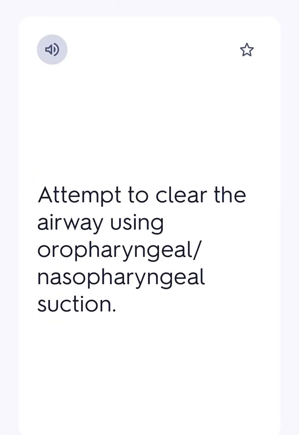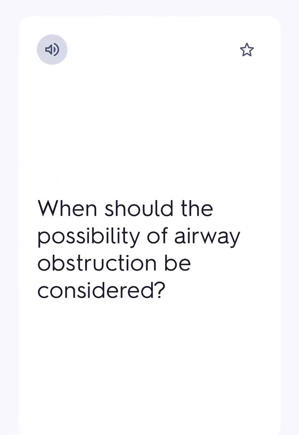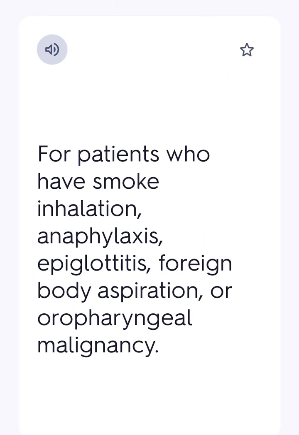Attempt to clear the airway using oropharyngeal/nasopharyngeal suction. When should the possibility of airway obstruction be considered? For patients who have smoke inhalation, anaphylaxis, epiglottitis, foreign body aspiration, or oropharyngeal malignancy.